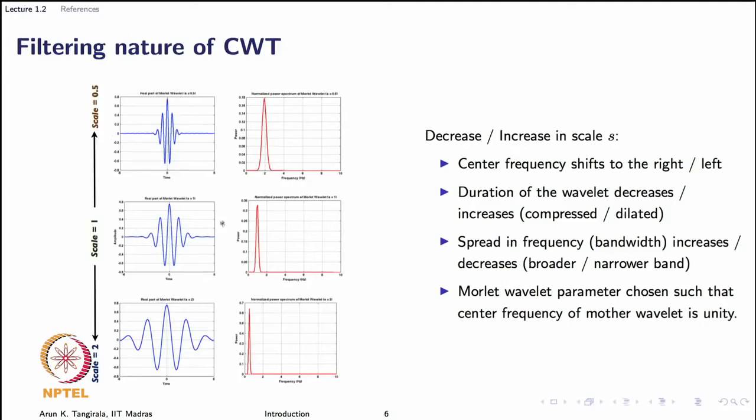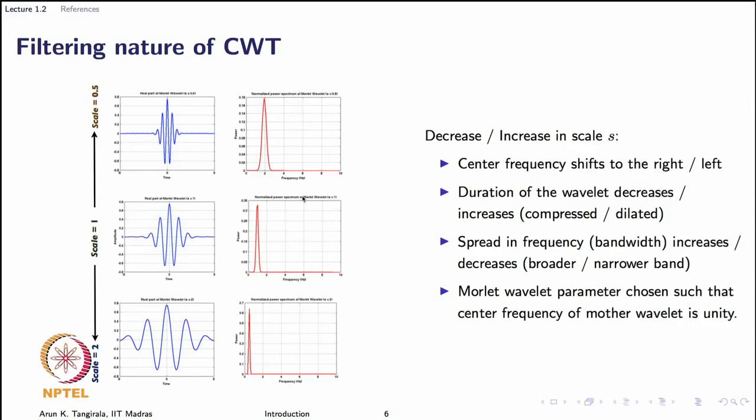So, what we have here is the mother wave in the center, which we say is at scale 1, and then on the top we have the compressed wave, which we call the high frequency wavelet, which is at scales less than 1, and then you have the dilated wavelet at the bottom, which is for values of s greater than 1.